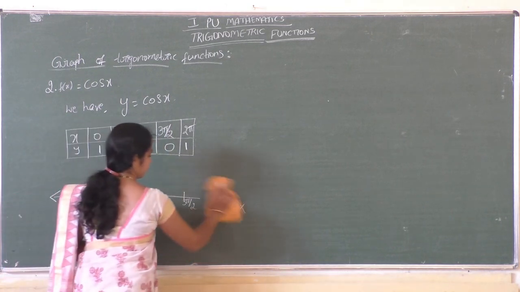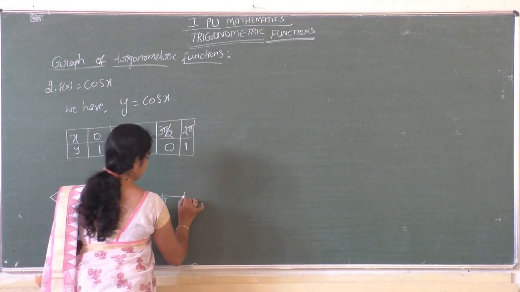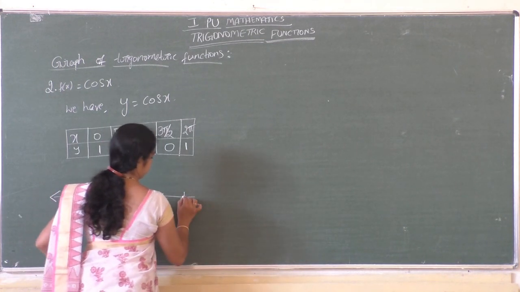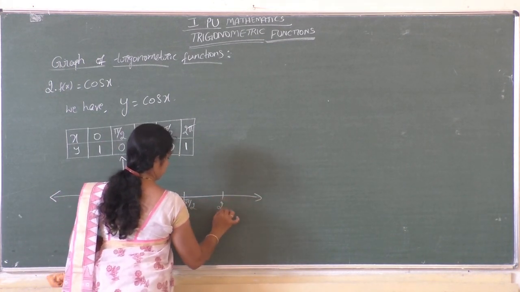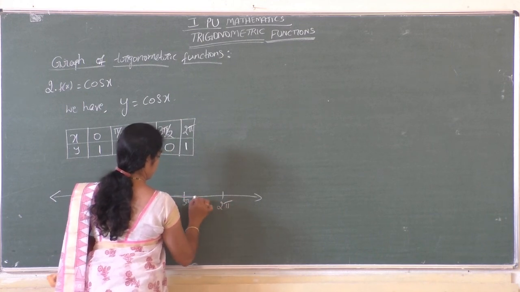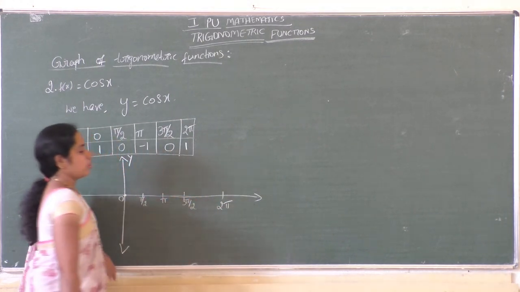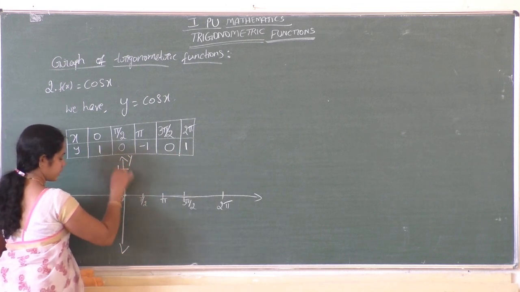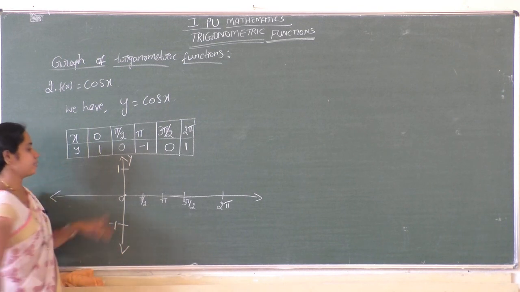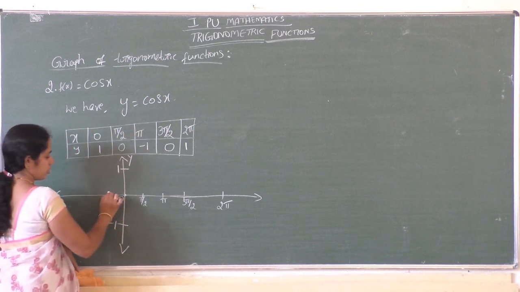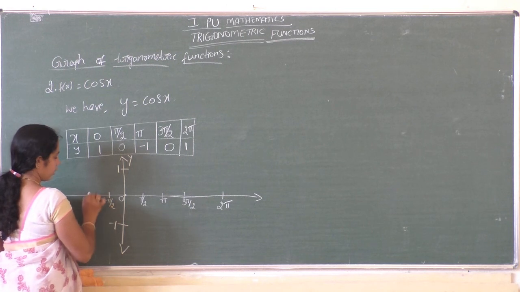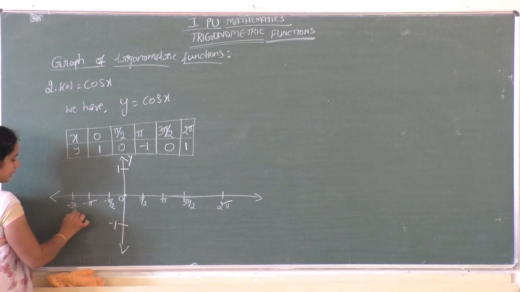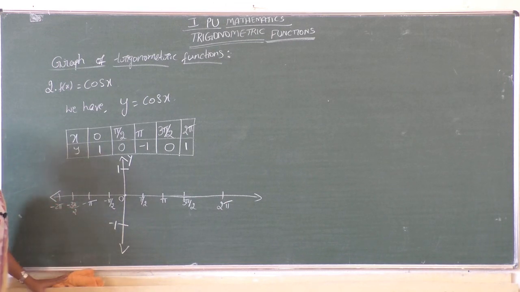On the y-axis we take 1 and -1. Here the negative values: minus pi by 2, minus pi, minus 3 pi by 2, minus 2 pi.